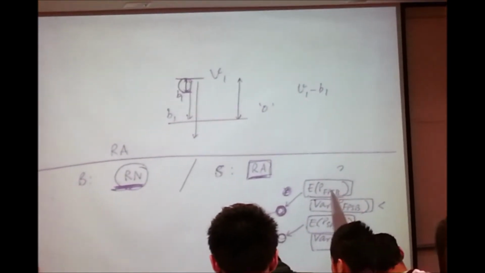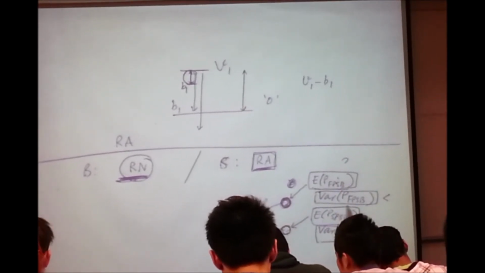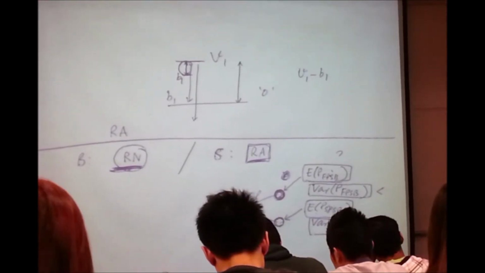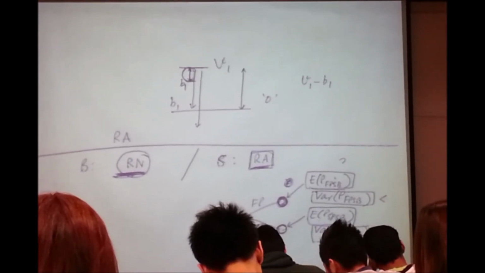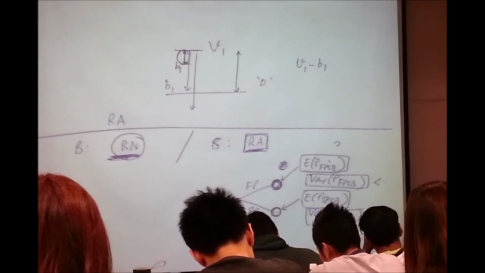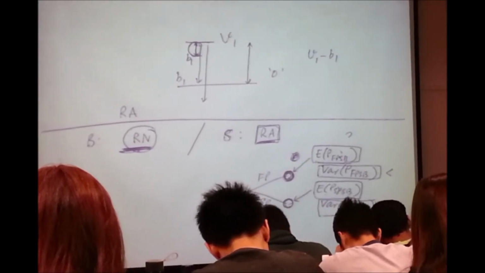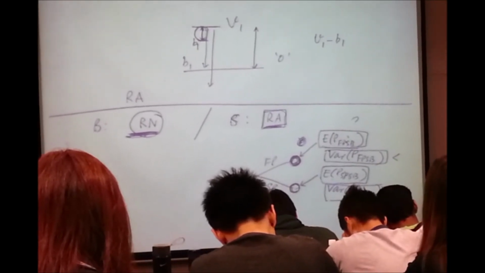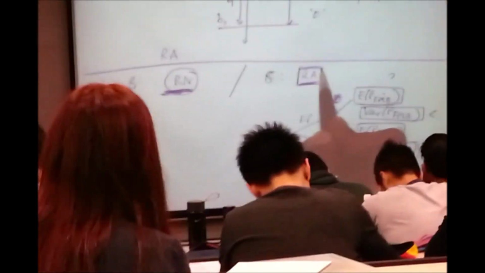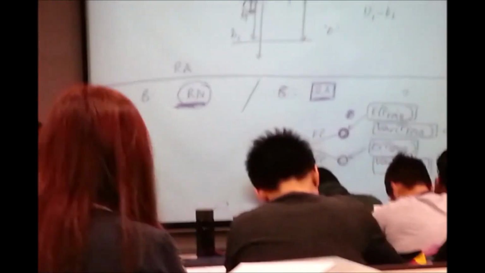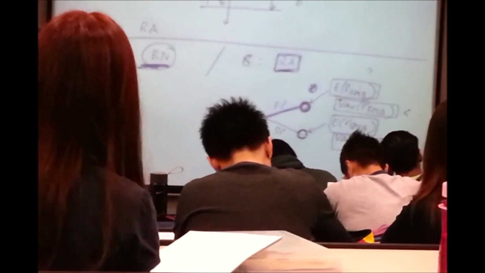So the expected payoffs are the same for first price and second price auctions, but the variance of the first price auction is smaller than the variance of the second price auction. In other words, the first price auction is less risky. Payoffs are the same on average and the first price auction is less risky. Therefore, if sellers are risk-averse and bidders are risk-neutral, they would prefer the first price auction over the second price.